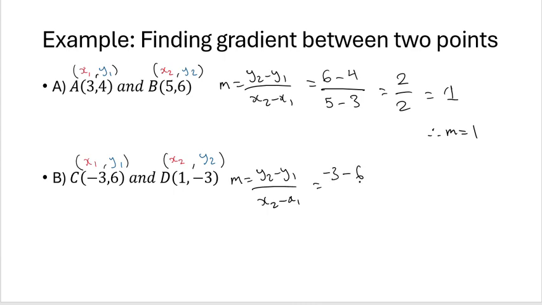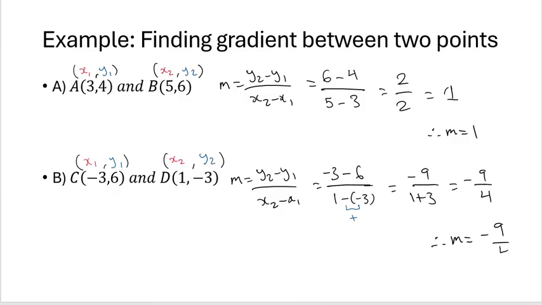Negative 3 minus 6 over 1 minus negative 3, just like that. Now you got to be careful, okay, because when this happens, you have to combine the signs. So it now becomes negative 9 over 1 plus 3, which equals negative 9 over 4. That means m equals negative 9 over 4, just like that, okay?